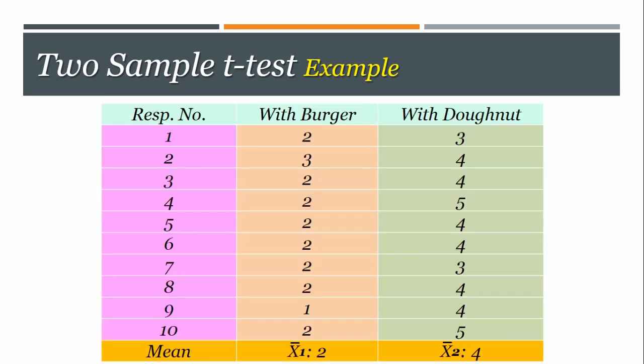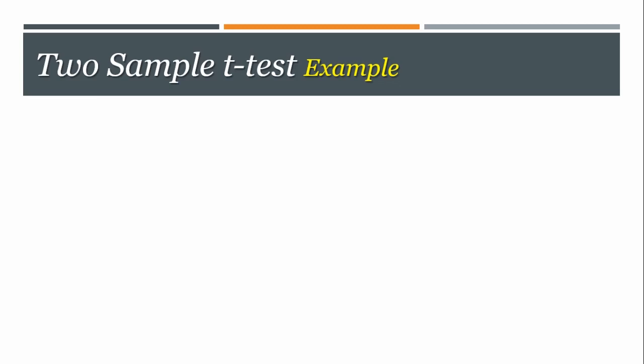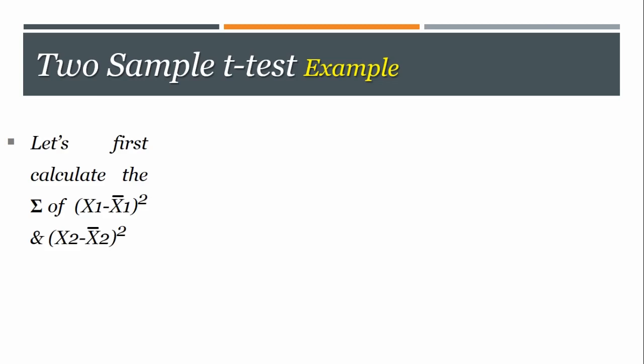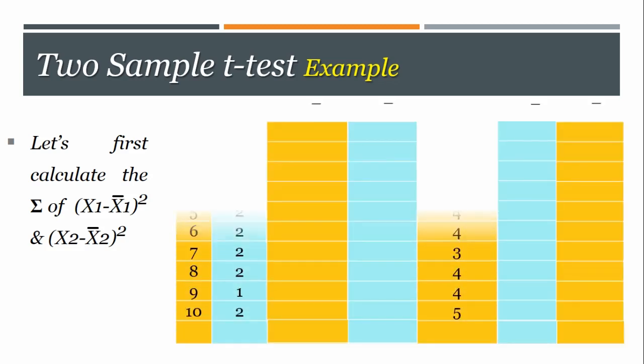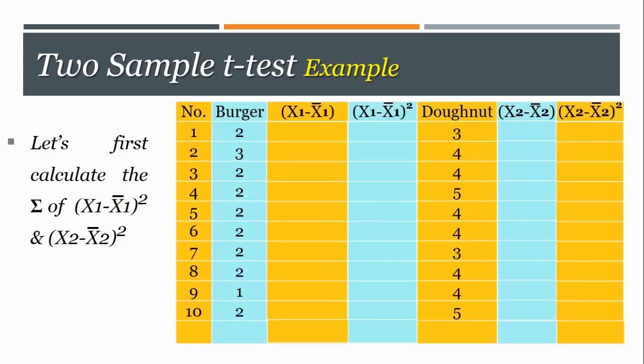The table shows the 10 respondents and their increase in weights after having a burger in the second column and with a donut in the third column. The calculated means are as shown in the respective columns. Since we have to calculate (x minus x bar) squared values for both population data sets, first we will subtract the mean value of population 1, that is x bar 1, which is 2, from each of the data points as shown here.